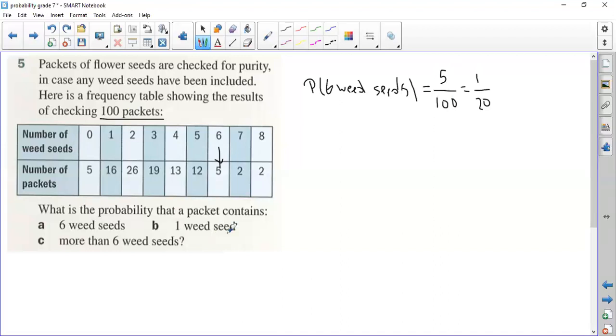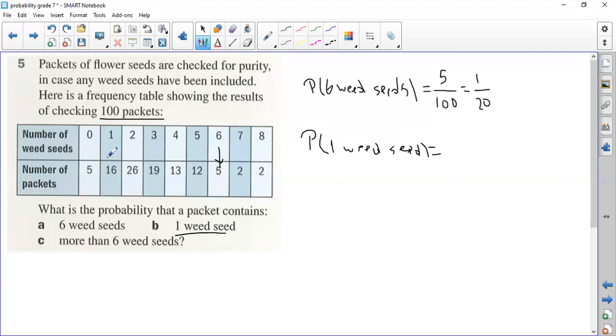B, 1 wheat seed. So the probability for getting 1 wheat seed.